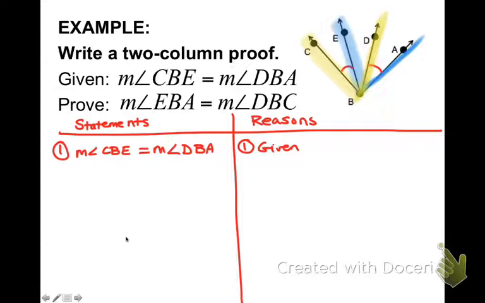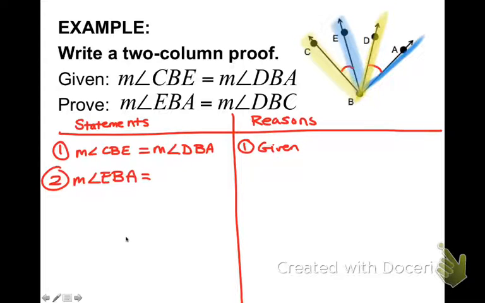So if you ever get to a point where you're like, well, that tells me that those two are equal, I don't really know where else to go, think about your angle addition postulate. So look at EBA. If I think about my angle addition, the measure of angle EBA, the blue one up there, is equal to what two angles added together?